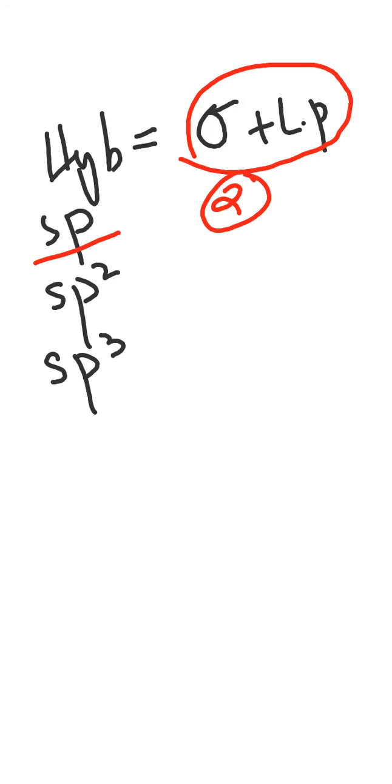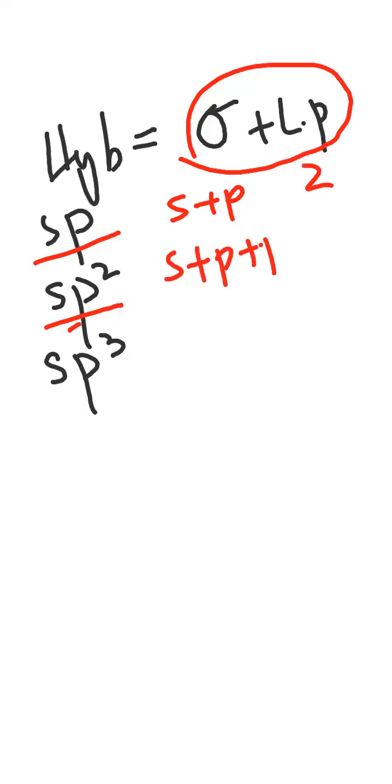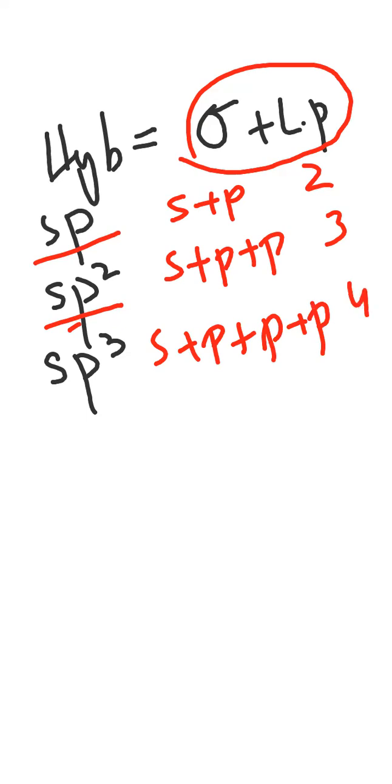Let me write it like this. sp means s plus p, 2 orbitals. sp2 means s plus p plus p, 3 orbitals. sp3 means s plus p plus p plus p, 4 orbitals. So if the sum of sigma bonds and the lone pair is 2, it means sp. If the sum of sigma bonds and the lone pair in a given thing is 4, it means sp3 hybridization.